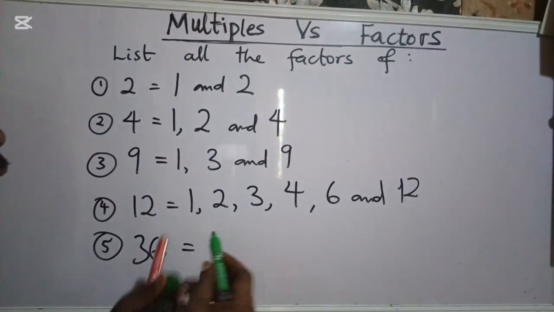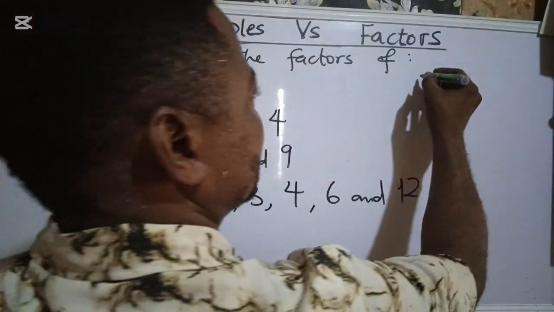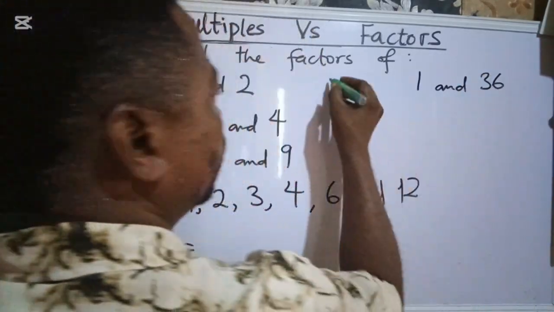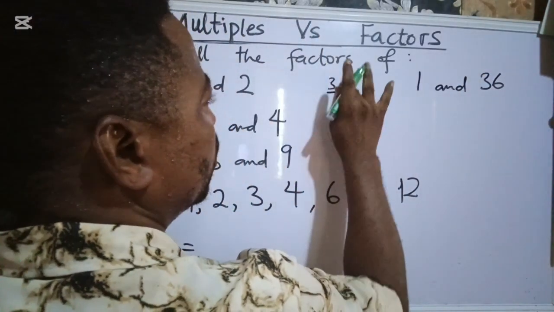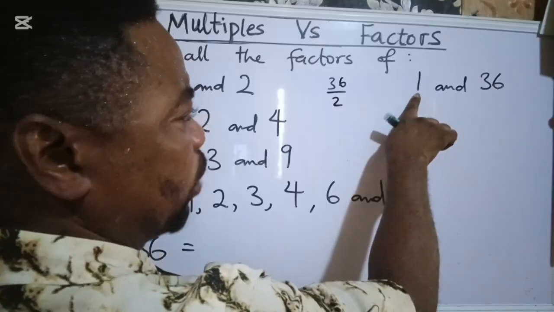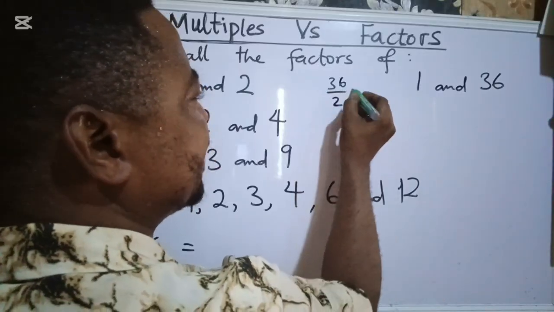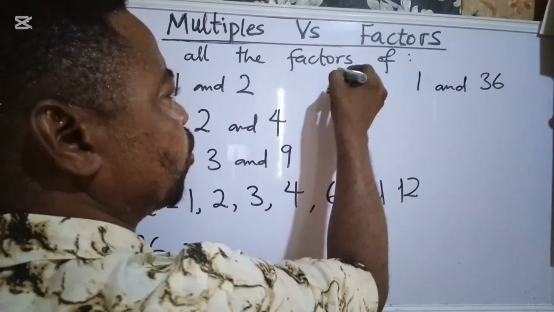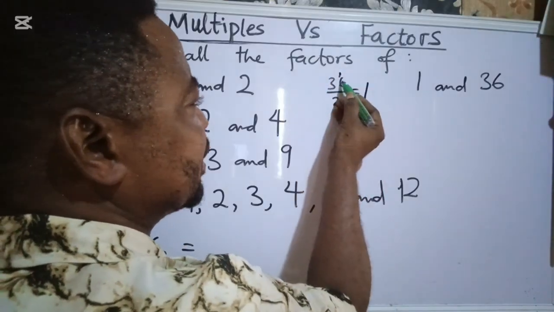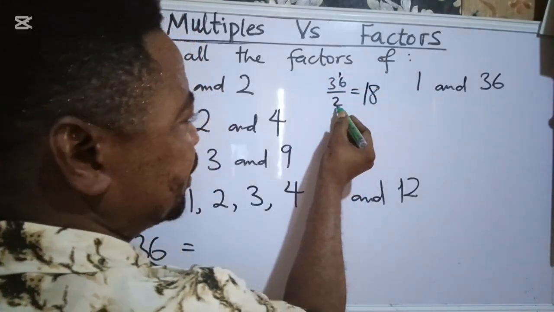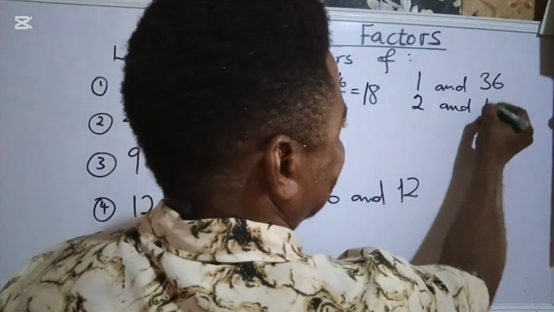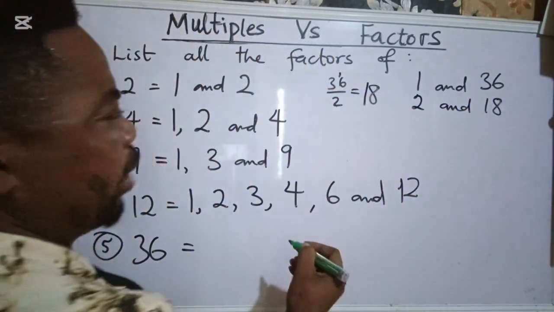Go to your jotter and say the first is 1 and the last is 36. So 36 divided by 2, because 2 is the next one after 1. Now 2 goes in 3, short division method. 2 goes in 3, 1 is remaining. 2 goes in 16, 8. That means 2 and 18. Let us try 3.